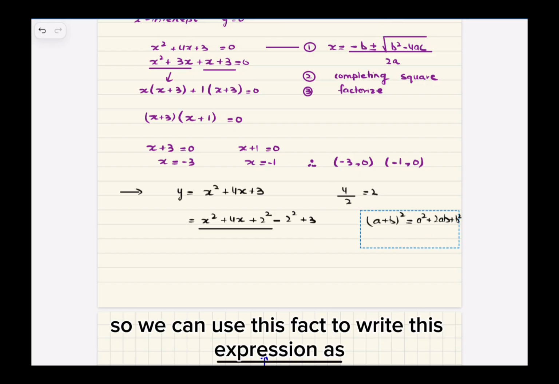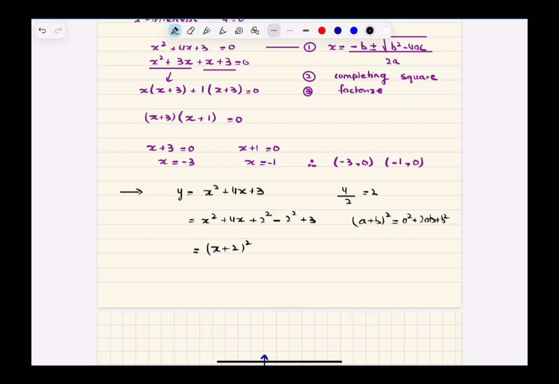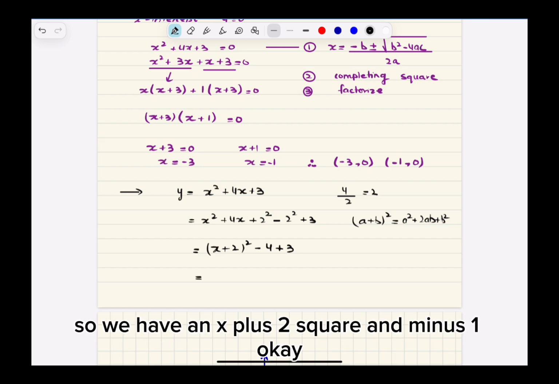So we can use this fact to write this expression as (x plus 2) squared, and then we have minus 4 plus 3. So we have (x plus 2) squared minus 1.